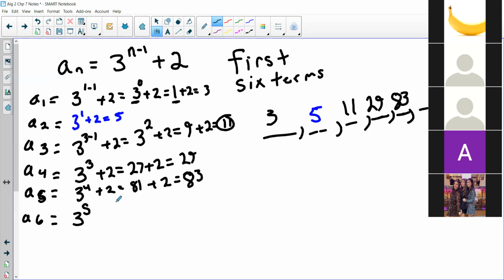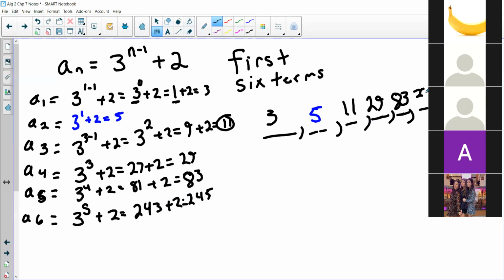Good. 3 to the 5th plus 2, so 240. Is that 243? What's 3 to the 5th power? Plus 2. You're doing plus 2. 3 to the exponent 5 is 243. Plus 2 will give you 245. Oh, okay. Thank you.